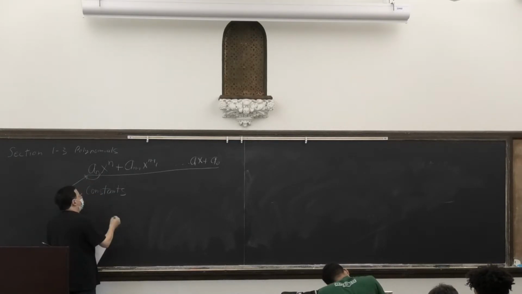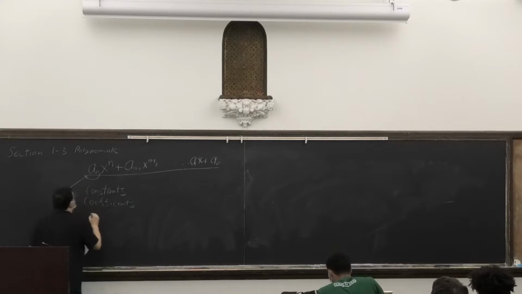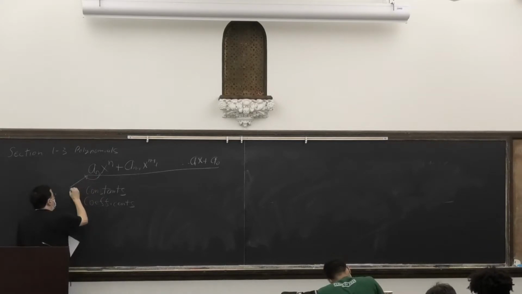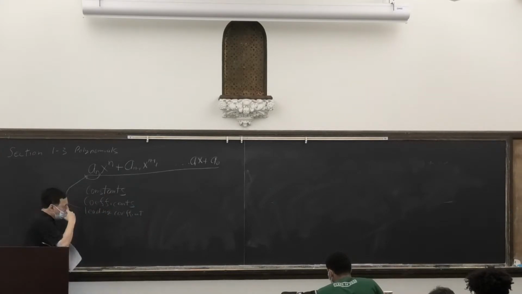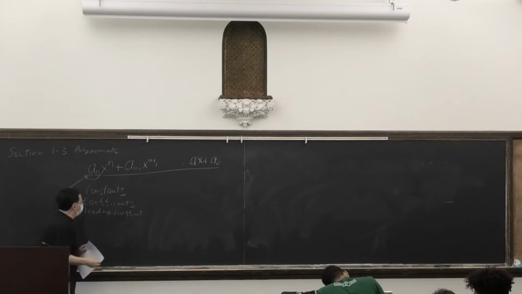Well, they are constants, but they're called coefficients. The first coefficient is important. It's called the leading coefficient. Probably the most important thing about it is its sign.